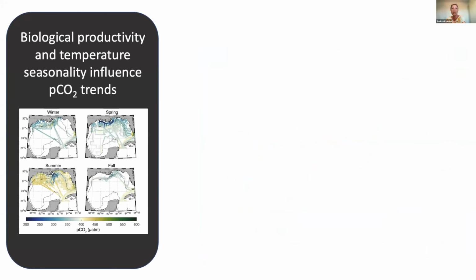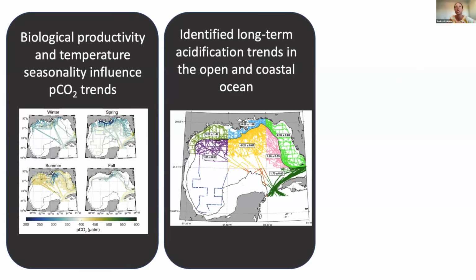So in conclusion, we've identified seasonal and spatial CO2 trends across the region and find that biological productivity linked to riverine water and temperature seasonality are the primary drivers of pCO2 trends across the region.